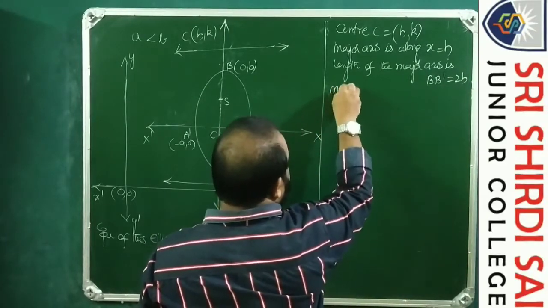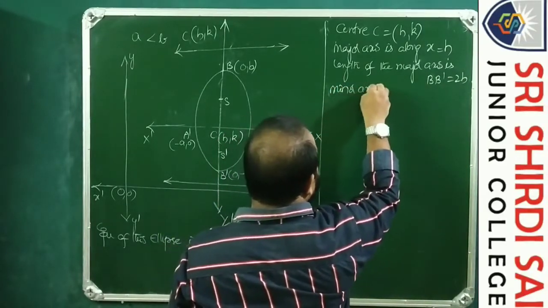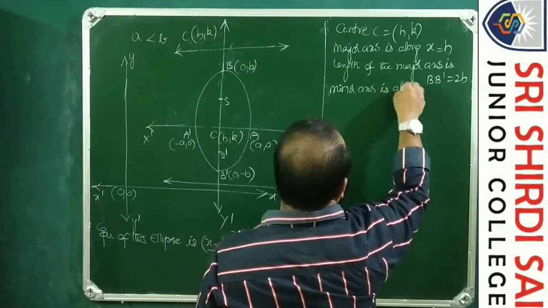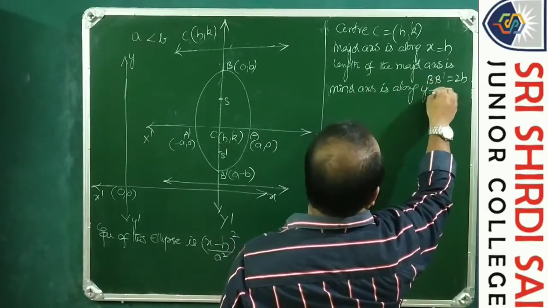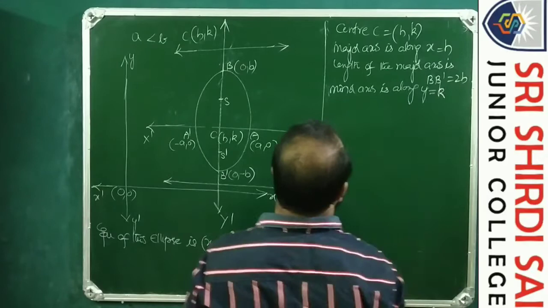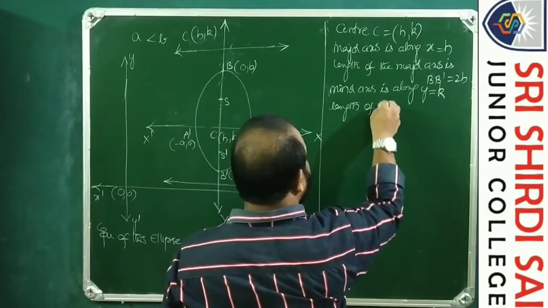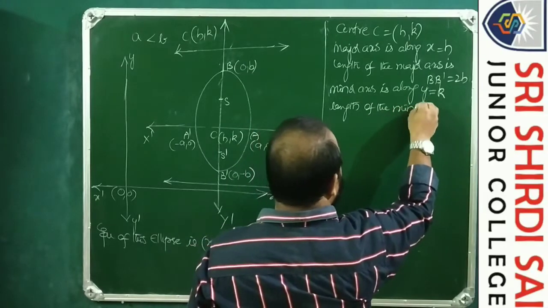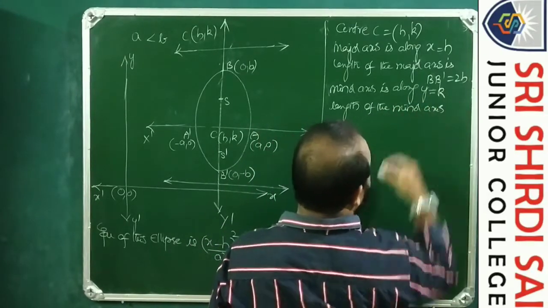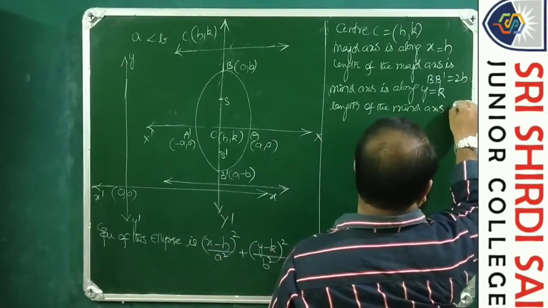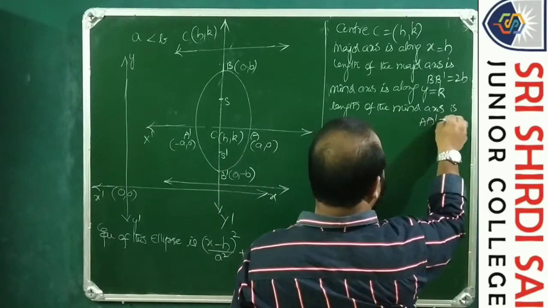Next, the minor axis is along y equals k. The length of the minor axis is A dash equals 2a.